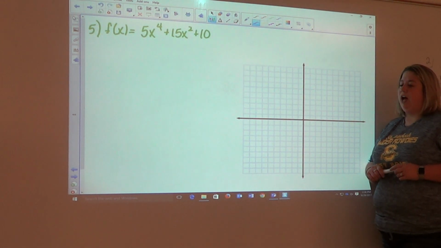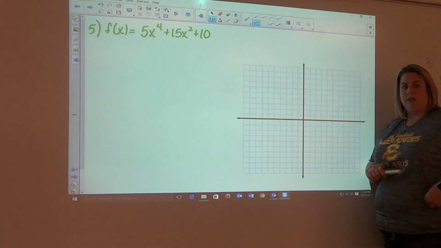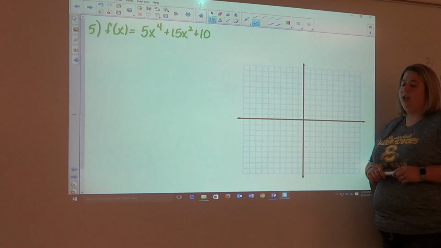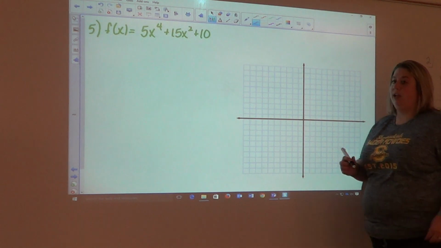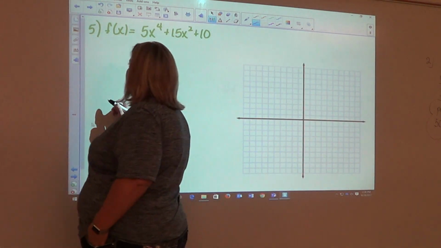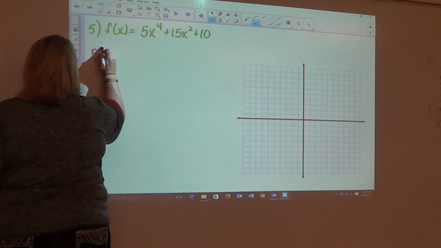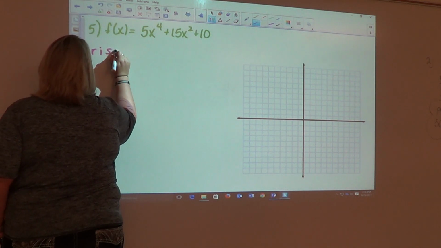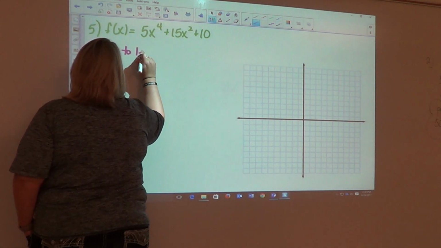Okay, is your degree odd or is your degree even? Even. Okay, and the number in front is positive or negative? Positive. So what happens to your graph? It rises to the left and rises to the right.